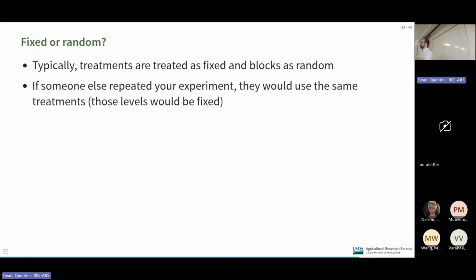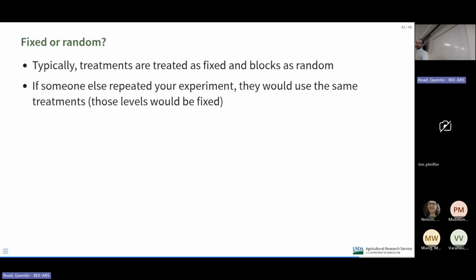Why is that? If you are testing the effect of, I'll keep using irrigation as an example, you're going to do an experiment out here on irrigation. If somebody else in another place in the world wanted to test the effect of irrigation, they could use the same levels of irrigation as you did. Or if you wanted to repeat the experiment somewhere else or at another time, you could use the same levels of irrigation.